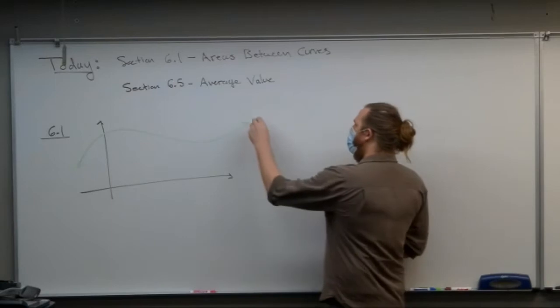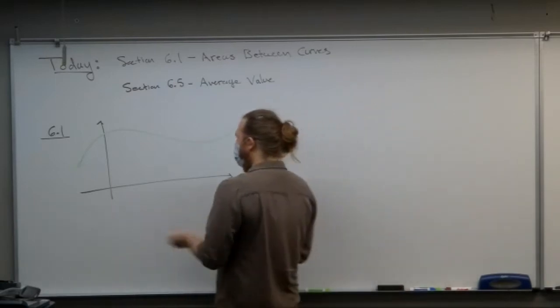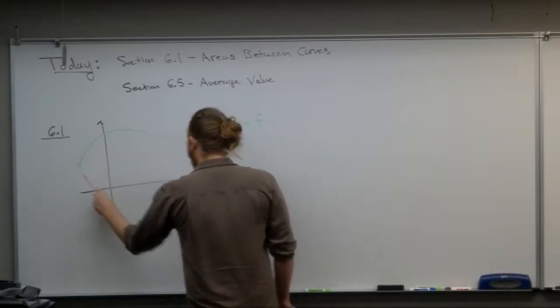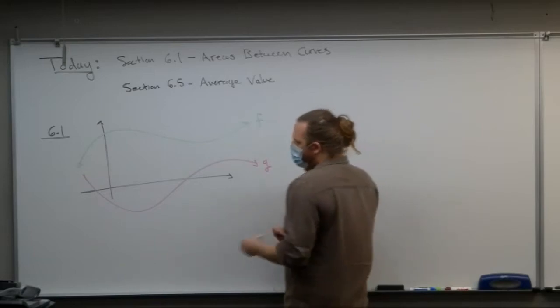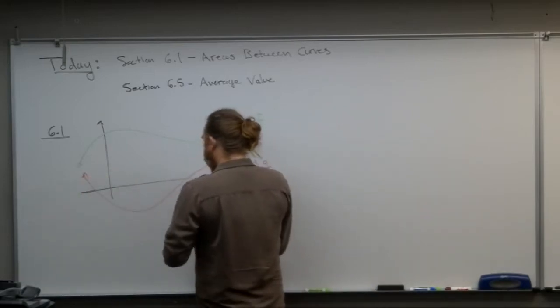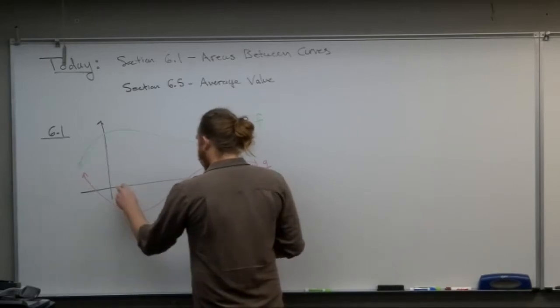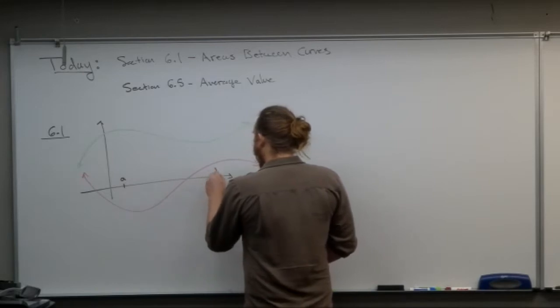All right, so if we have a pair of functions, f and g, and they're sufficiently nice on the interval [a, b]. They don't need to be continuous. They certainly don't need to be differentiable, but we would like them to be at least piecewise continuous.